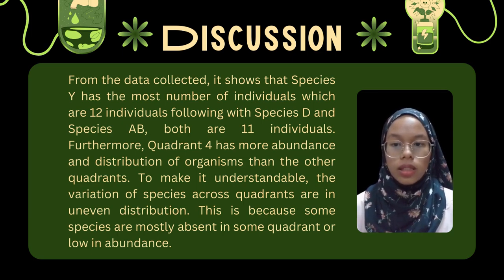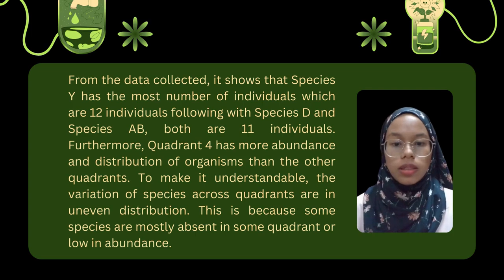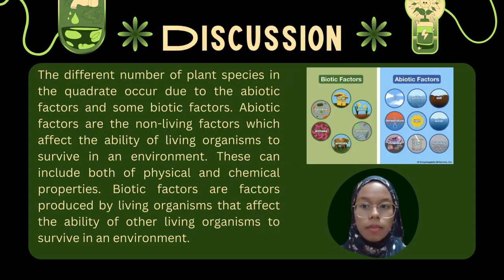To make it understandable, the variation of species across quadrats is in uneven distribution. This is because some species are mostly absent in some quadrats or low in abundance. The different number of plant species in the quadrat occur due to the abiotic factors and some biotic factors.